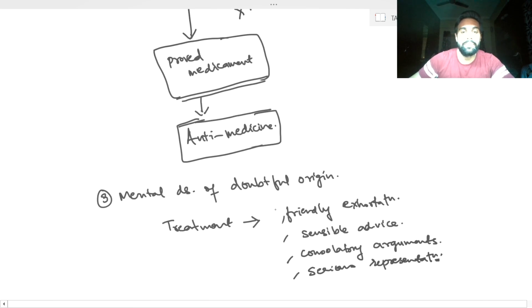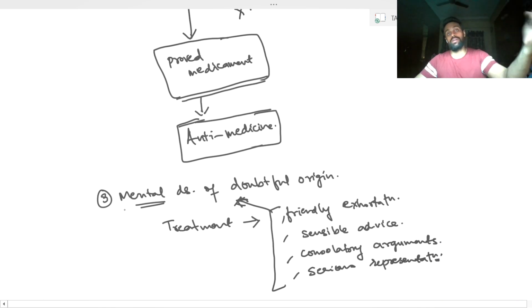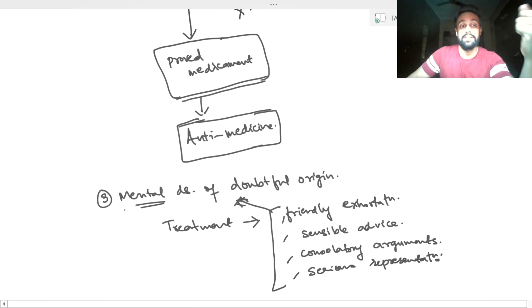So these are the treatment for type 3 mental disease. If this mental disease has not originated from any corporeal disease, because if it has originated, then that is type 1 disease. That is again the first type of mental disease that we have talked about.